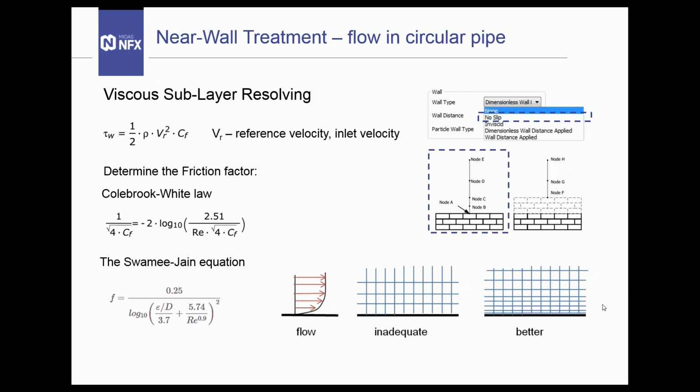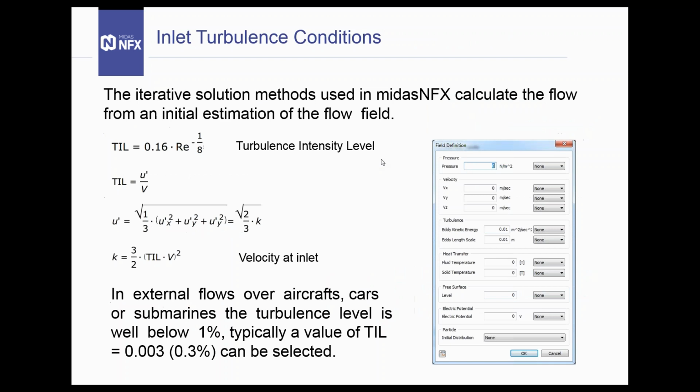So as I said, if we consider the mesh, this example of the mesh can be not adequate for our sublayer resolving. We can use the law of the wall, or we can use this procedure, and in that case we can use the no slip condition.